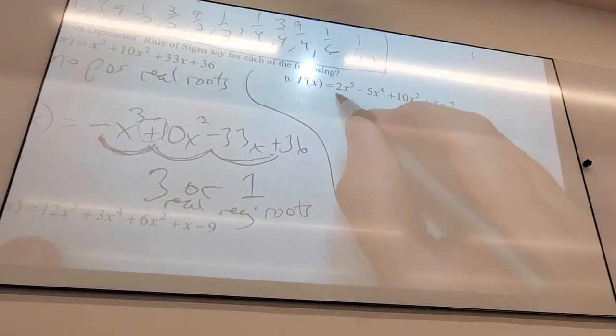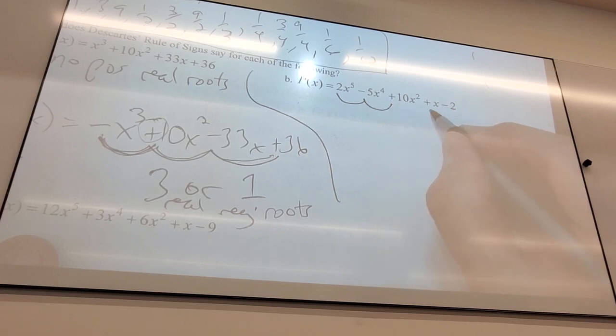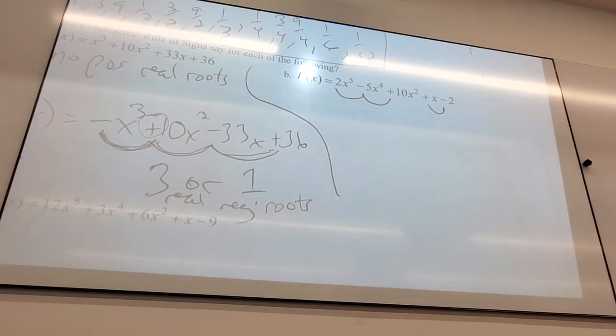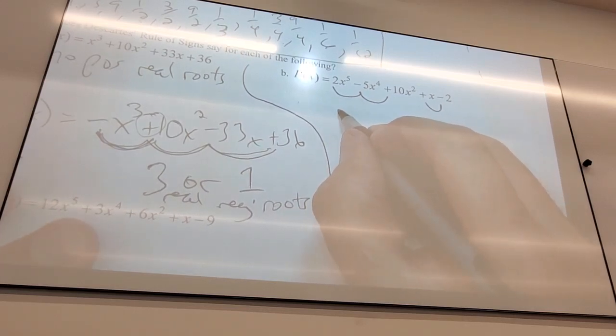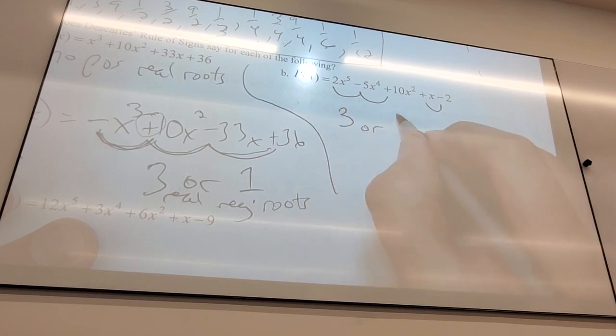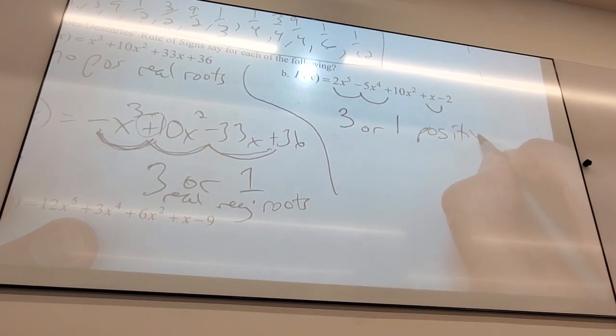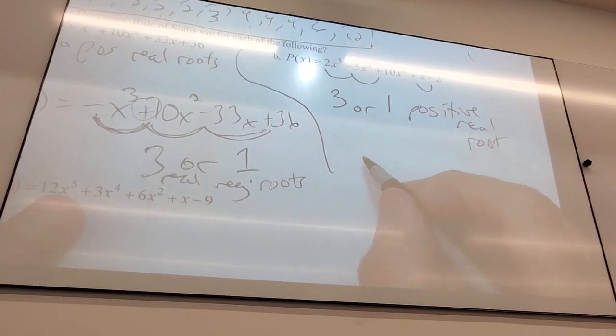Here's 1 sign change, 2 sign changes, 3. From term to term, how often did the sign change? 3 times. So how many positive real roots could there be? 3 or 1 positive real root.